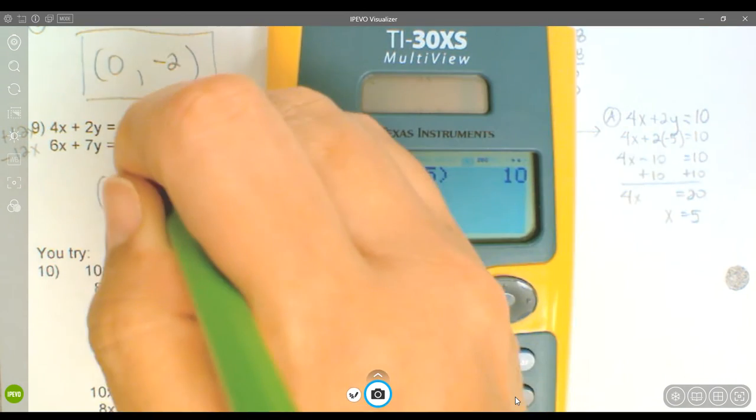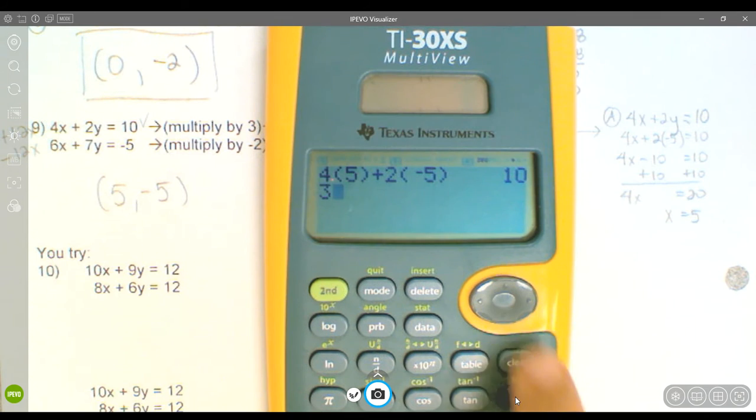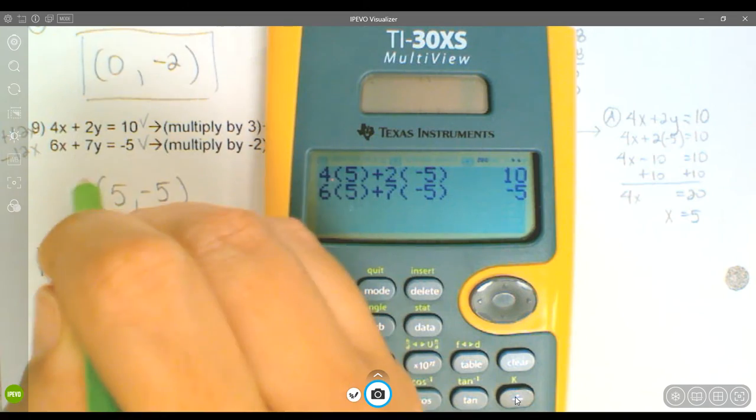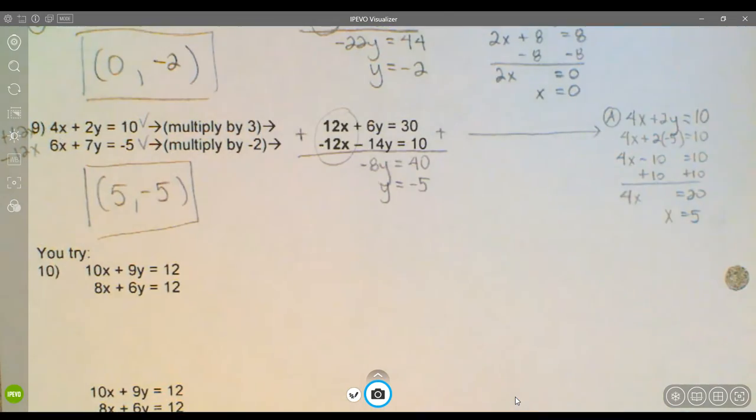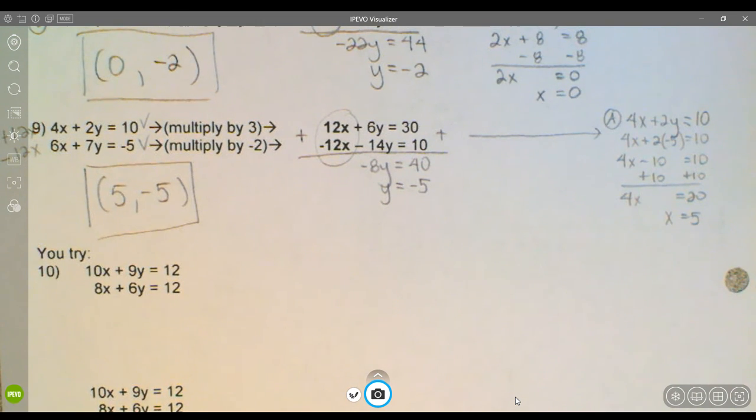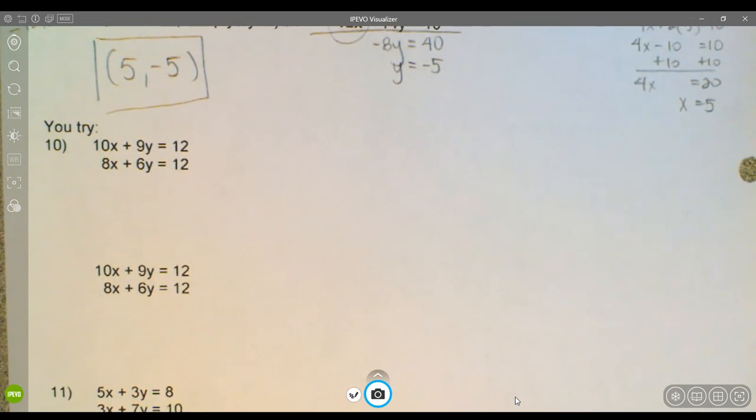I got 10. And then I have, just kidding, 6 times x, which is 5, plus 7 times y, which is negative 5. And I should get negative 5, and I do. So guess what? That's my right answer. So I know I'm good.